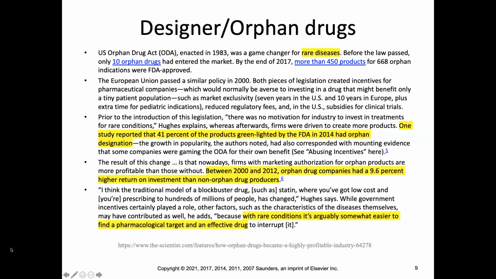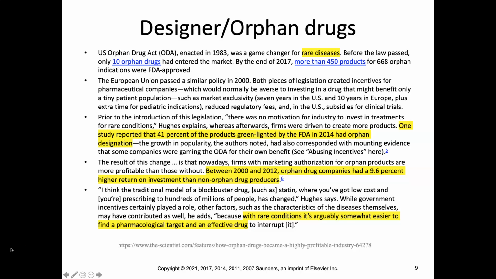As we go through these bullet points, 41% of the products green-lighted by the FDA in 2014 had orphan designation. That means only 59% were for major populations, people with very common illnesses or diseases.